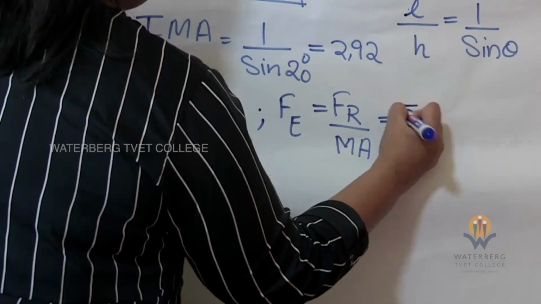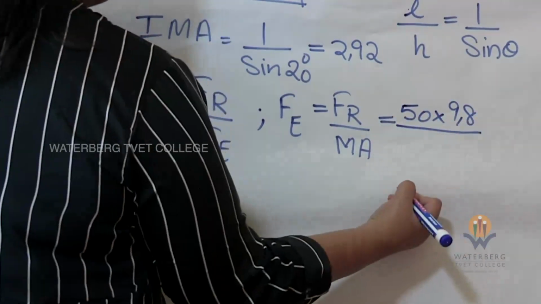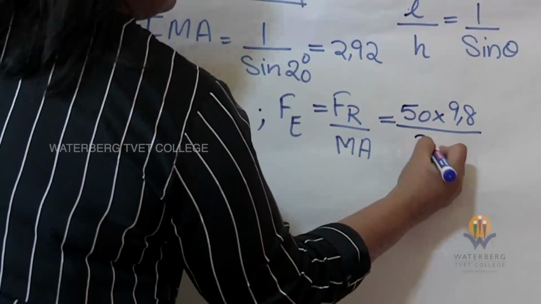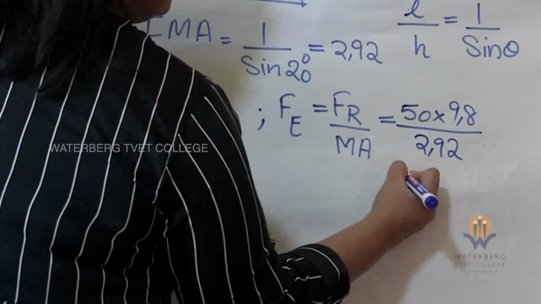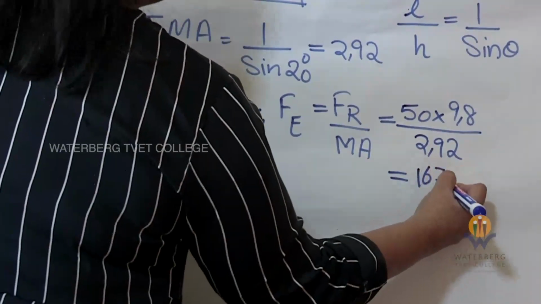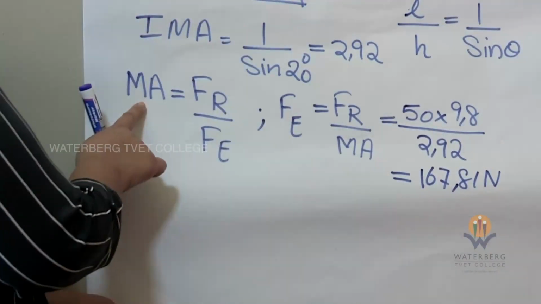So it is 50 multiplied by 9.8 over mechanical advantage 2.92, which gives the value 167.81 Newton, because it's a force.